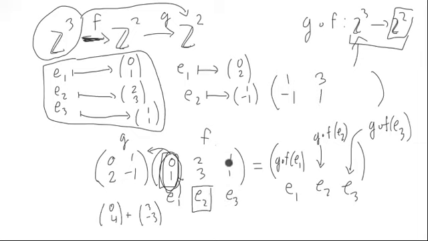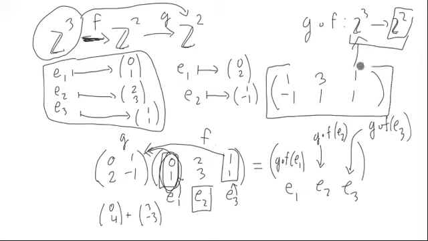And lastly, E3, where is that going to go? It's going to go to 1, 1, and 1, 1 is going to go into the function G. That just simply means adding the two columns together, which means we're going to get 1, 1. And this right here is the matrix which represents the composition of these two functions.